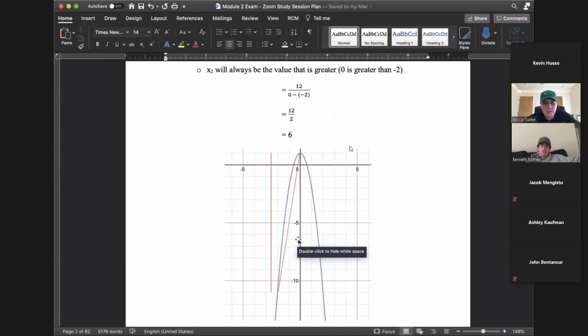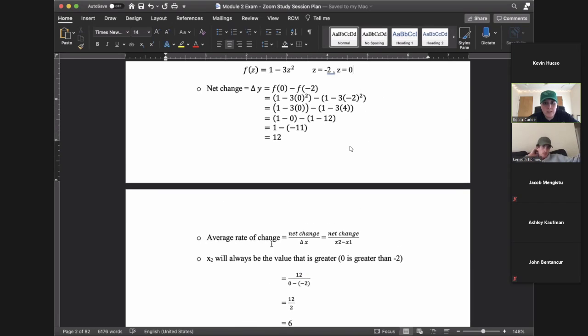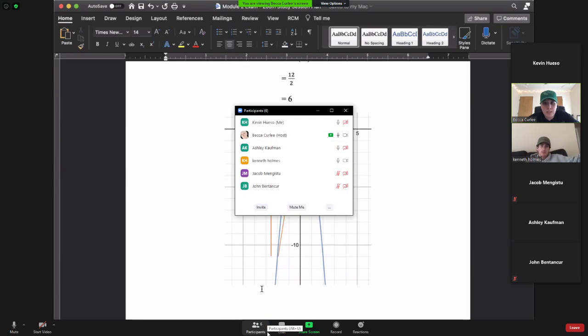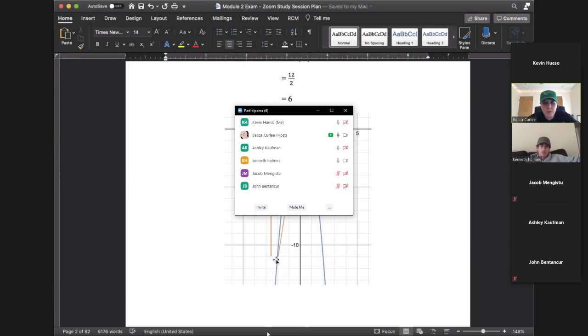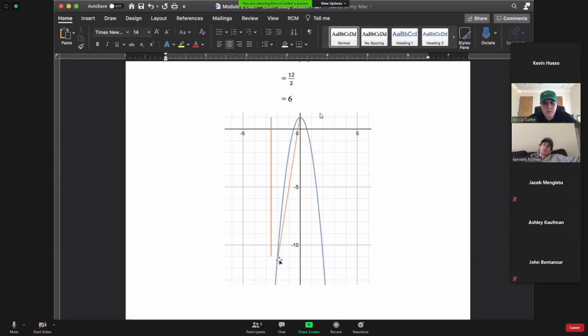You can see that the slope of the secant line, the average rate of change, is 6, because we're going over 2 and up 12. So 12 over 2. And the net change is 12. That's your change in y from these 2 points, from x equals -2 to x equals 0.